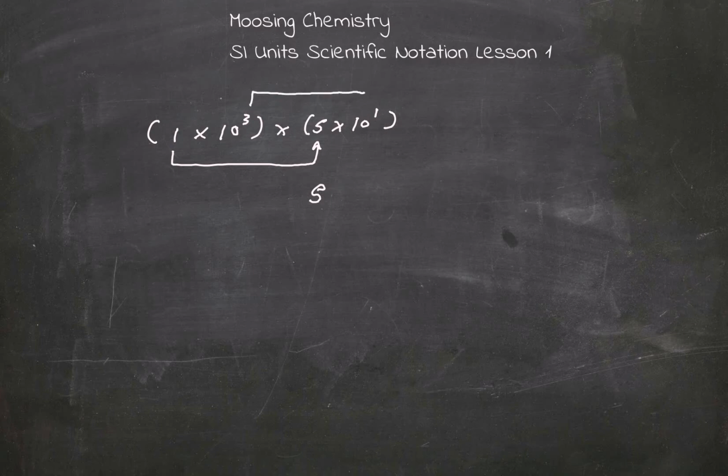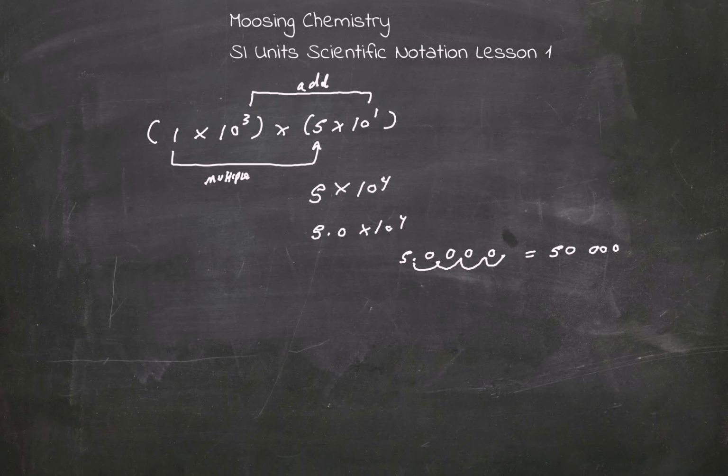Then remember, you're going to add these exponents. So this gives me 5 times 10 to the fourth, which is also 5.0 times 10 to the fourth. If you want the decimal number for this, you go 1, 2, 3, 4, place in the zeros, which would mean this is 50,000.